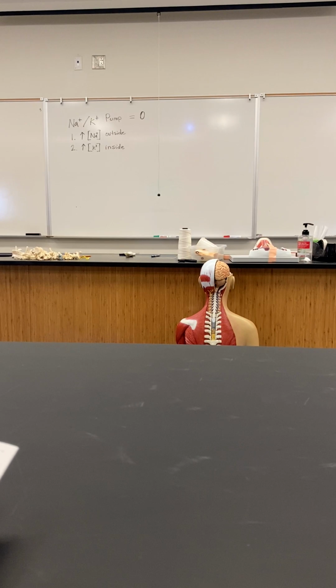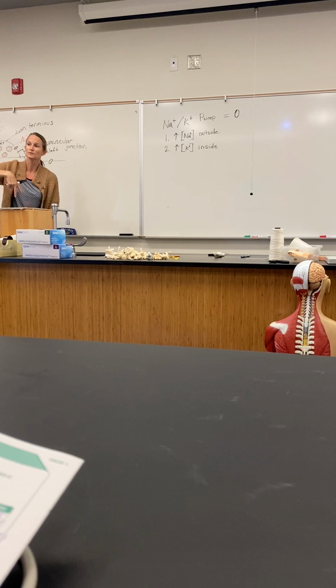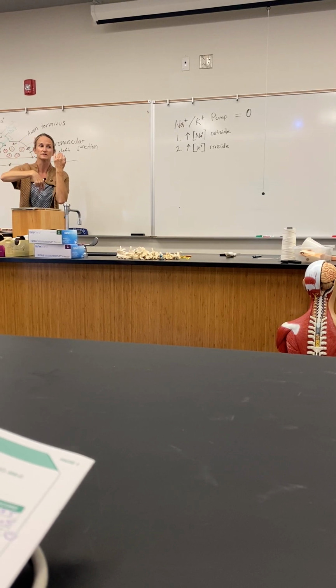But there's one more thing that my sodium-potassium pump does. Notice that this pumping of these positively charged ions is uneven. And it's always going to be at this 3-to-2 ratio. Always 3 sodiums out, 2 potassiums in.